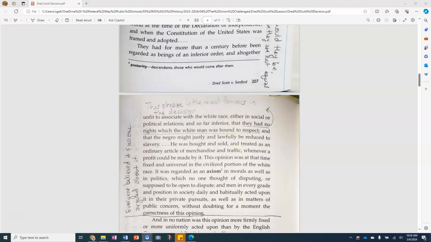In other words, we didn't have to respect the rights of black people, right? There's nothing that says we have to. As a matter of fact, that phrase right there, that black people have no rights which the white man was bound to respect, that's probably the most famous phrase in the entire decision.